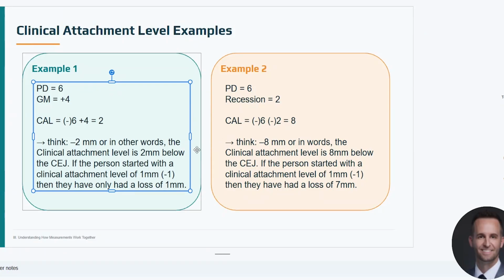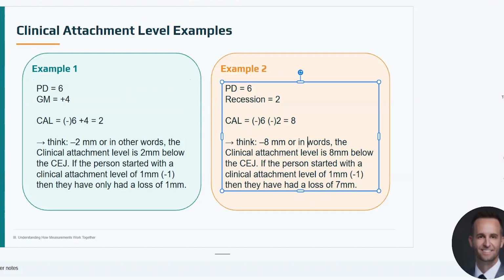And if we're trying to explain it to someone in words, we're going to say the clinical attachment level is 2 millimeters below the CEJ. Now, if the person started with a clinical attachment level of 1 millimeter below the CEJ, or a -1, then they have really only lost 1 millimeter, because they went from starting at 1 millimeter and progressed to 2 millimeters below, which is the difference of 1.